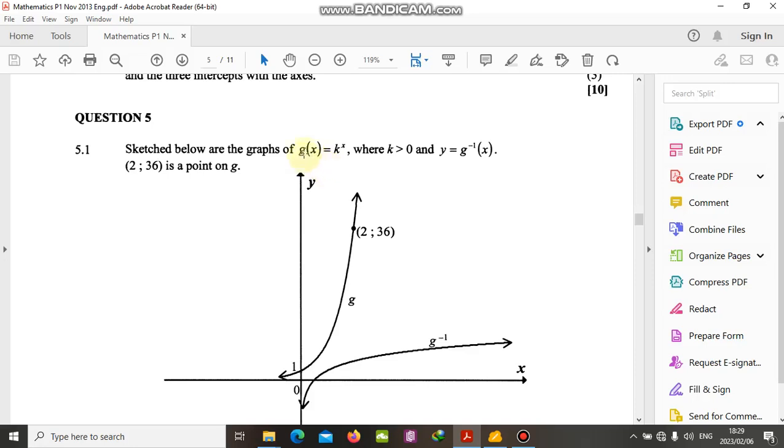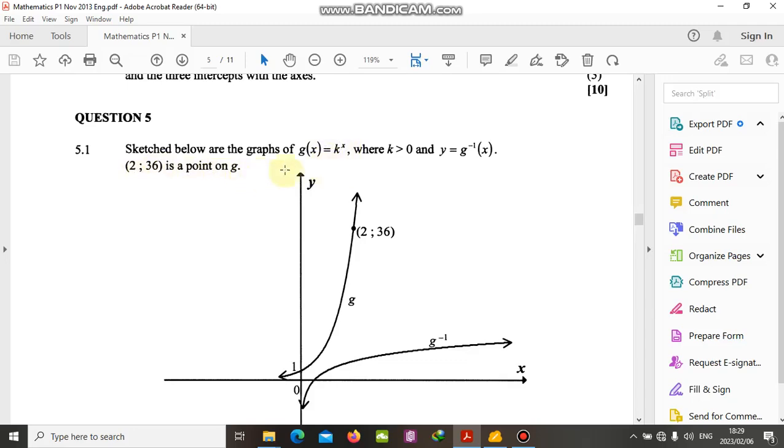It simply means for this graph of g, when x is a certain number, you will have a y value corresponding to that x. Like for example, when x is 2, y is going to be 36. So don't get confused. Now we need one coordinate here so that we can use it to solve for k.